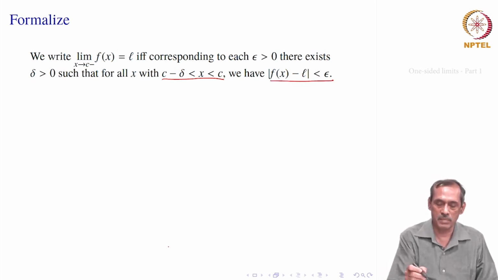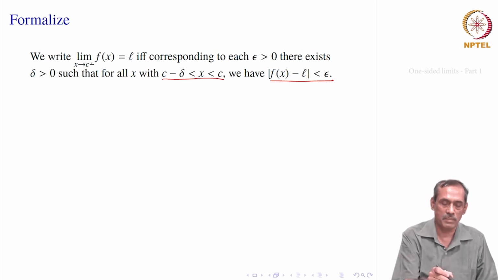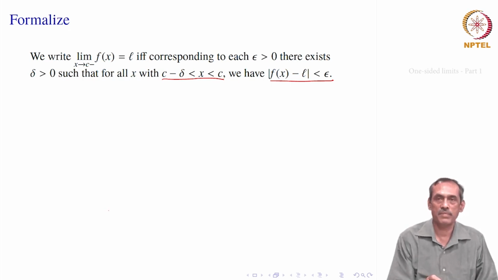Recall that earlier in the limit definition, we would have taken c minus delta to c plus delta, leaving the point c. If again this condition is satisfied, f x minus L mod is less than epsilon, then we would have said limit as x goes to c of f of x equals L.